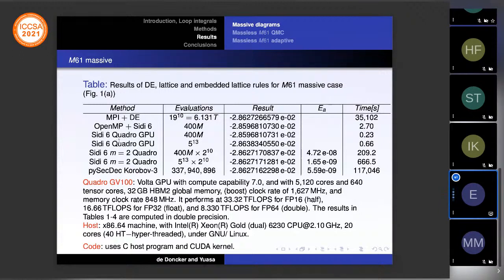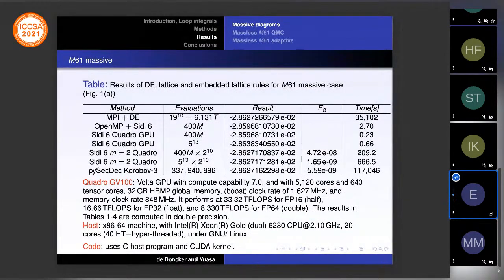Then this is followed by 2 lattice rules with a CD6 transformation, parallelized, calculated on a GPU. So the lattice rules have, the first one has 400 million points, and the second one 5 to the 13 points. Then we have CD6 embedded versions of the aforementioned lattice rules. And then for comparison of the results, there is PySecDec.